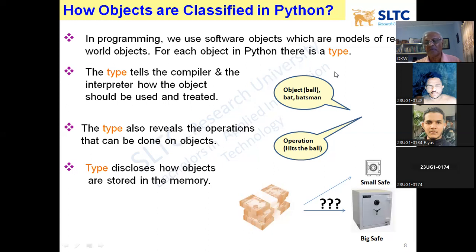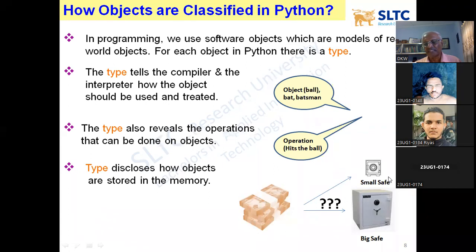For certain objects we have a lot of attributes or data, for some we have little. Some objects do a lot of operations, some don't. It varies from object to object.